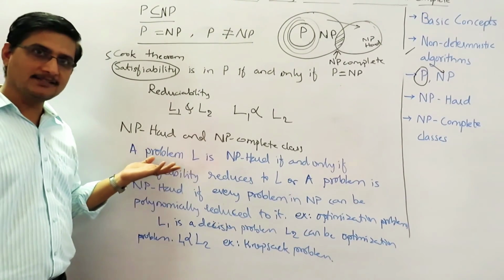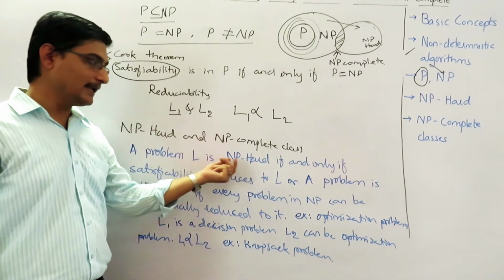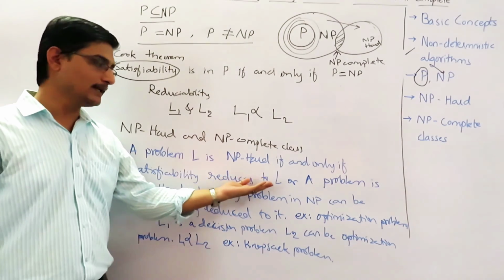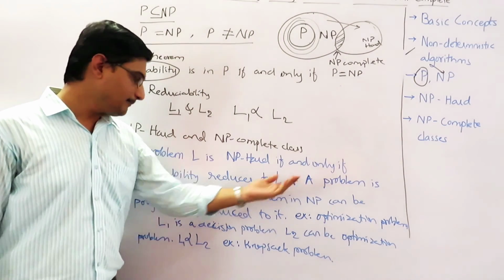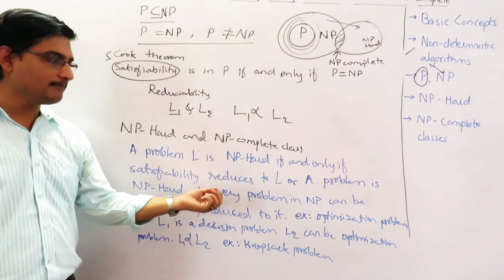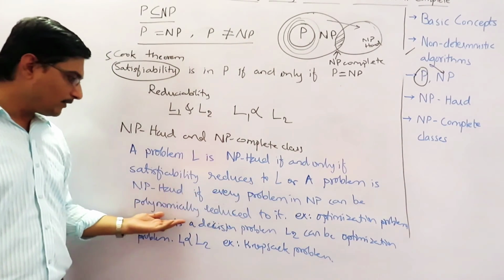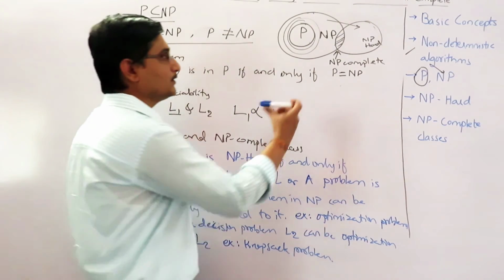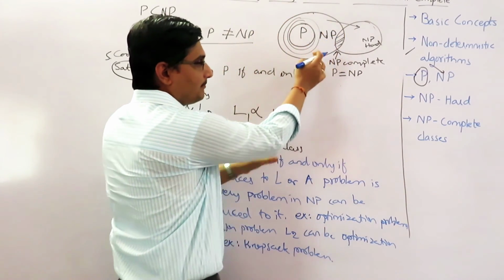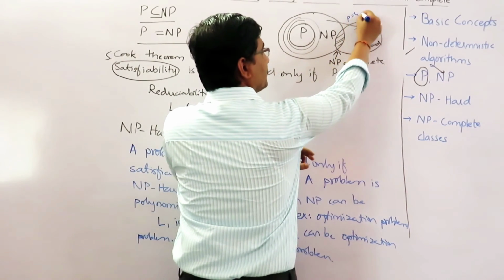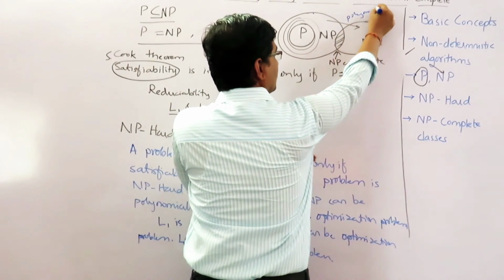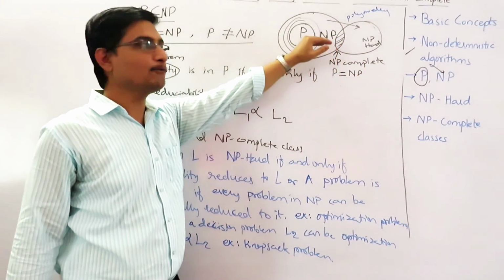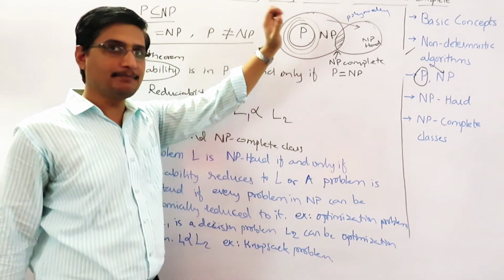So NP hard means a problem L is NP hard if and only if satisfiability reduces to L. Or it means that a problem is NP hard if every problem in NP can be polynomially reduced to it. This large class of NP, if we are able to polynomially reduce it to the problem, then we can say that it is an NP hard problem.